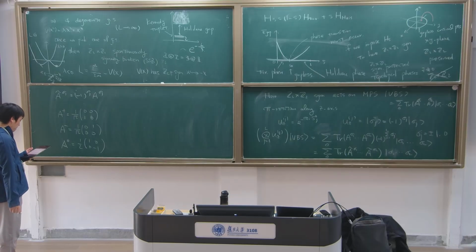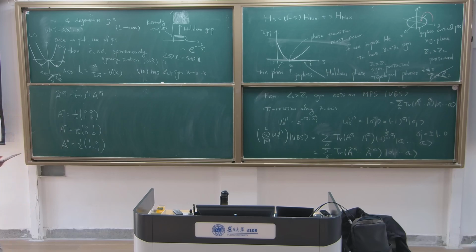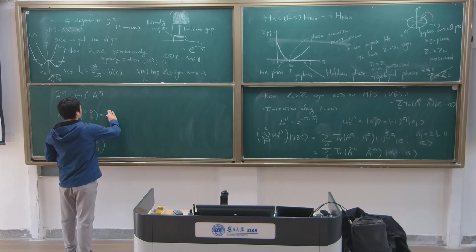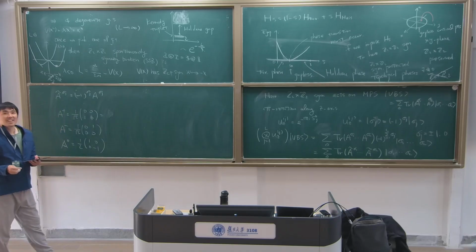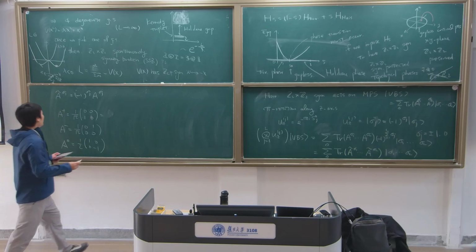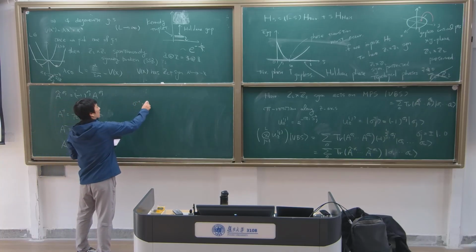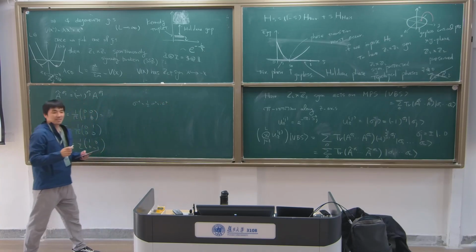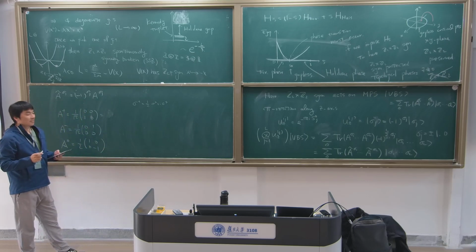So this one can be understood. Sorry, I don't remember the normalization. Sorry, so sigma plus is 1/2 of sigma x plus i sigma y, is that correct? Correct.